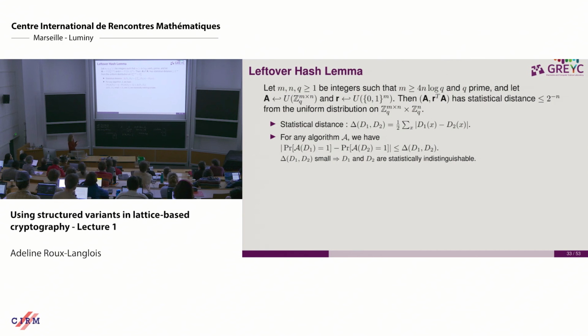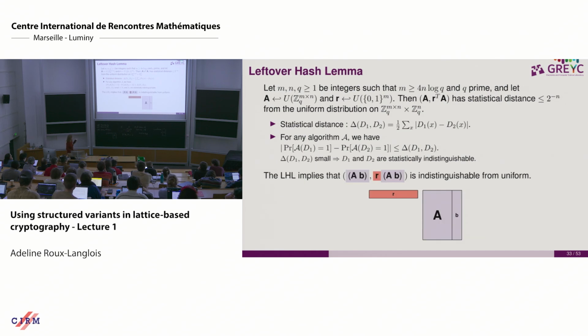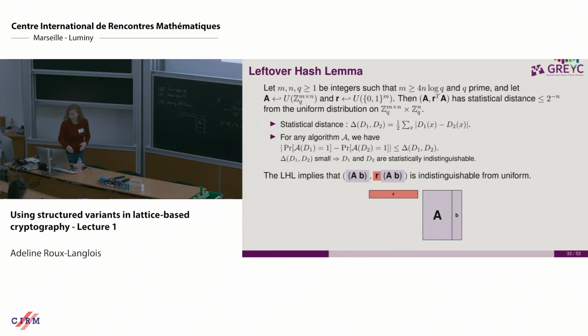This is what we use in the experiments. So if the statistical distance between your two distributions is small, then they are statistically indistinguishable. And when we come back to our scheme, it tells you that given A, B, the value R times A, B looks uniform, and that's what we will need in the security proof just after.